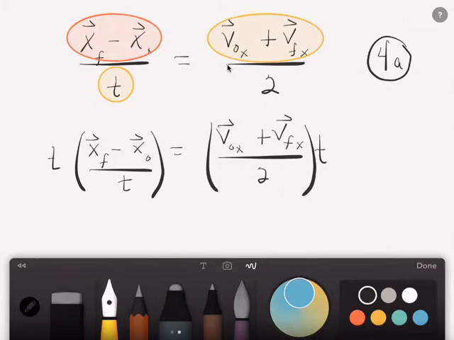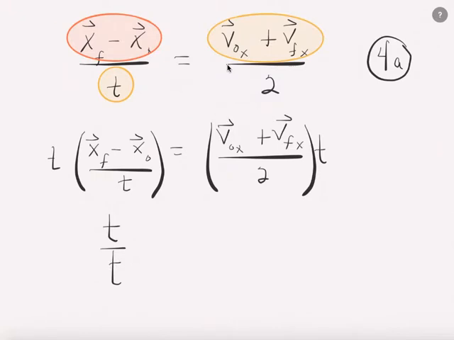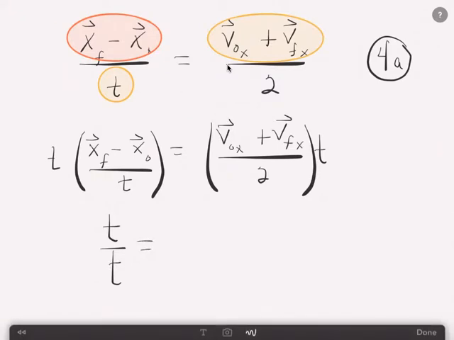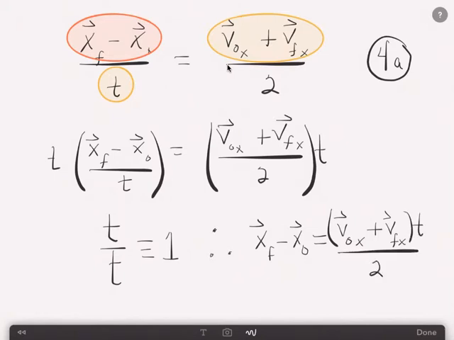And we know that t over t is identical to 1, and therefore, we have xf minus x initial equaling the initial velocity in the x direction plus the final velocity in the x direction, multiplied by t divided by 2. This is going to be equation 4b.